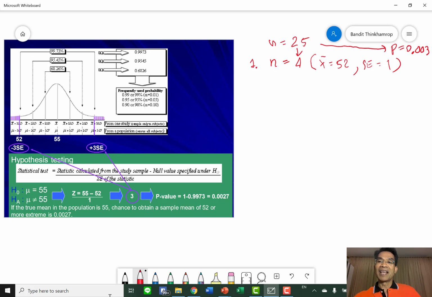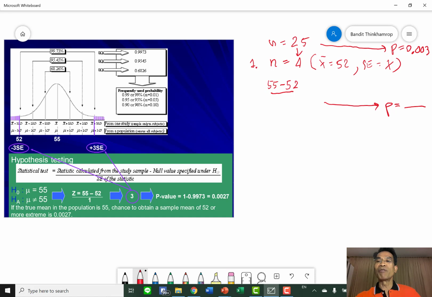Now, what is the answer here? The p-value of what? We just make a simple calculation: 55 minus 52, which is the statistic minus the null value, divided by the standard error, right? Sorry, when the sample size is 4, the standard error is no longer 1.